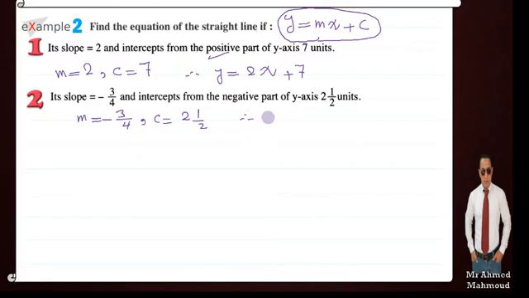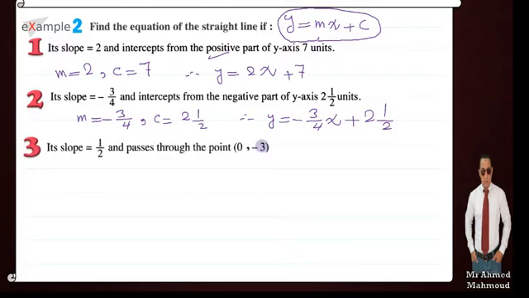Therefore y equals negative 3 over 4 x minus 2.5. Okay, this is the equation of a straight line, y equals mx plus c.